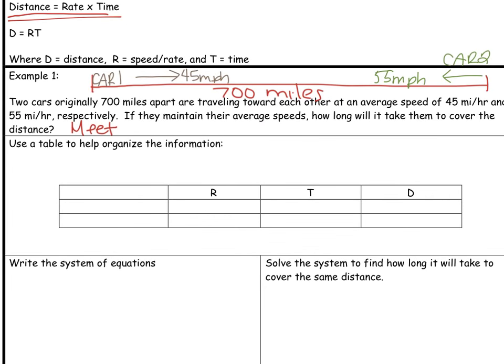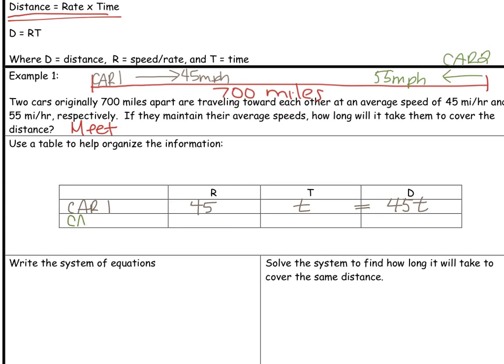So for car 1, we know that the rate is 45 miles per hour. We don't know what the time is, so we're going to use t for time. So if we use our distance equals rate times time formula, the distance for car 1 is 45t.